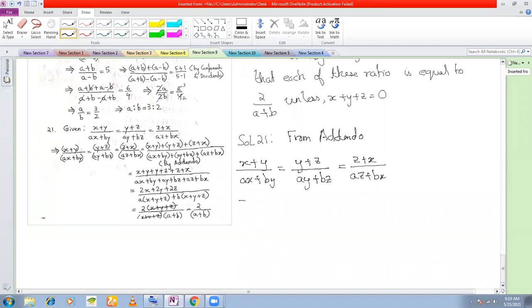All these ratios by addendo must be equal to the sum of the numerators divided by the sum of the denominators.